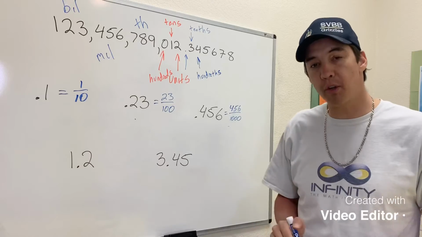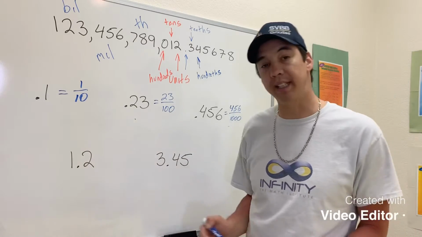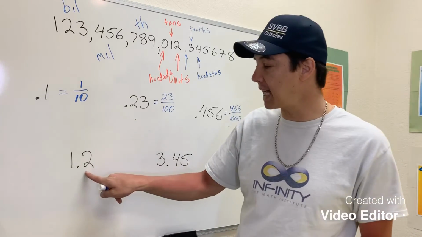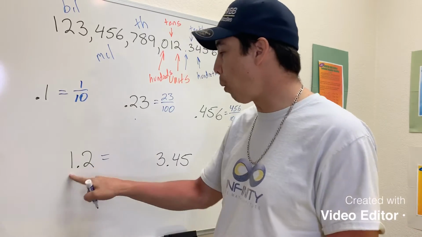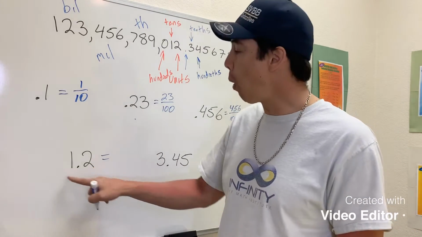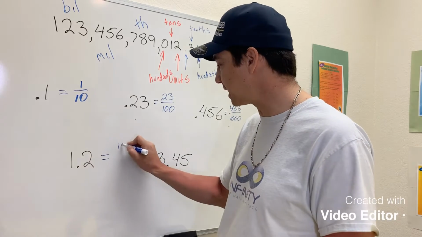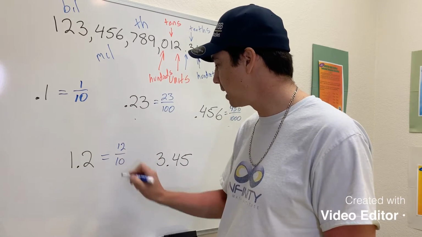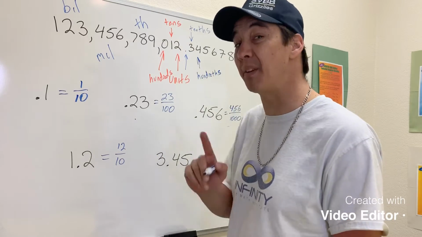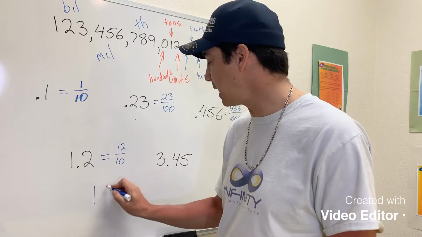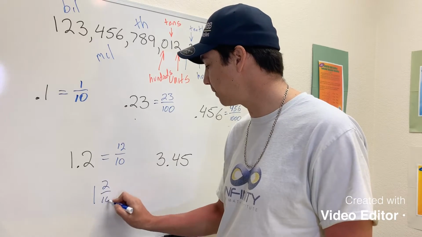Now, if we have a number greater than 1, like 1.2, we are using the tenths place. So, this is equal to 1 2/10 or 12/10. Which is also, when we go into fractions next week, you'll understand this even better. This is actually 1 2/10.